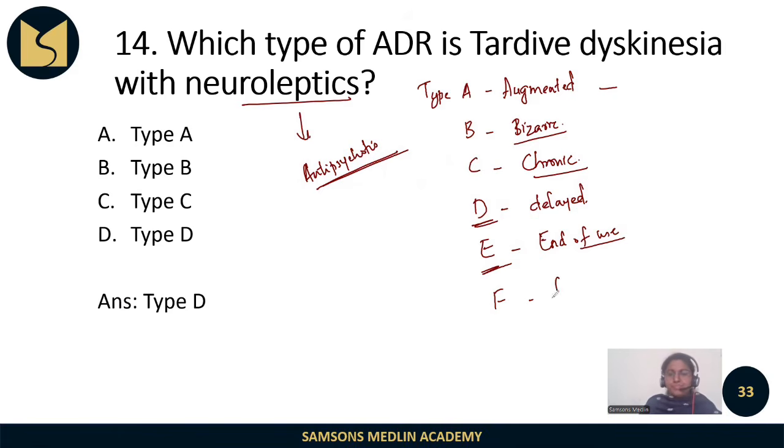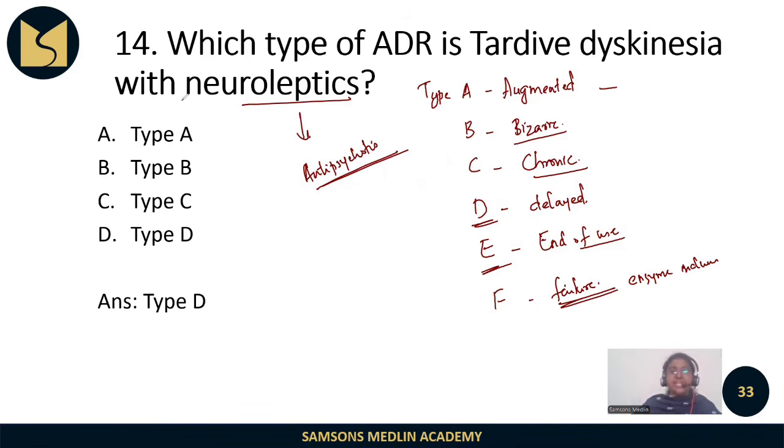Next is F, failure. Failure type of ADR. For example, oral contraceptives: if used in the presence of certain enzyme inducers, their effect is lost. So that is type F ADR. In this question, it is asked about tardive dyskinesia.